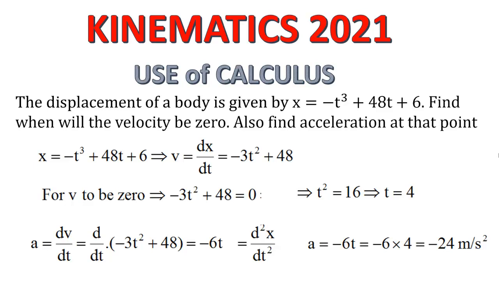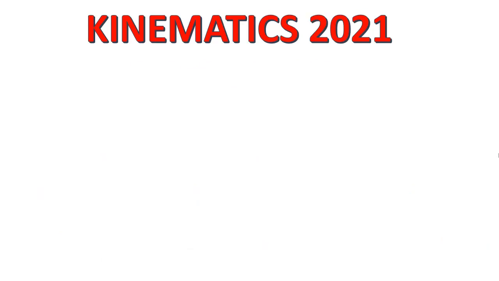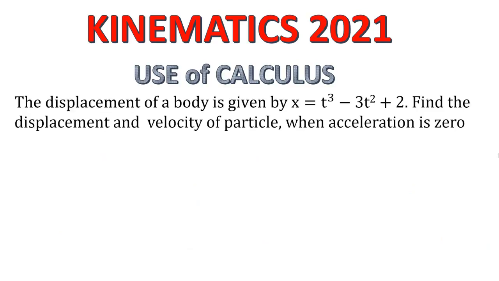Okay, now one more question. Just read the question. If you have understood, you can try it out. Here he is saying, find the displacement and velocity of the particle when acceleration is 0. In the previous question, he wanted the acceleration when velocity is 0.